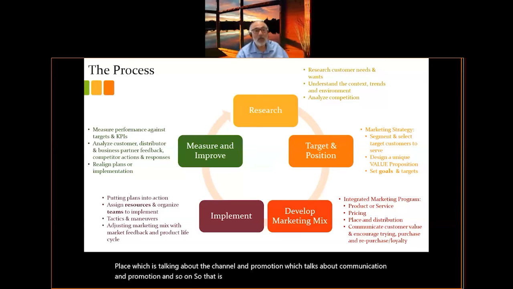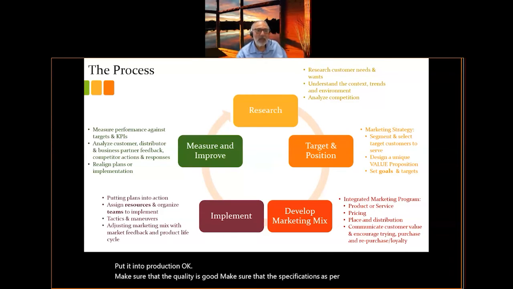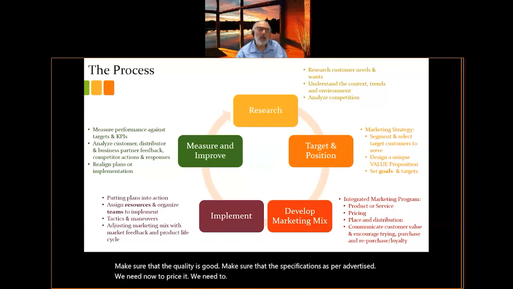So now, once we have a marketing mix developed and planned, now we need to implement. Now we need to go and manufacture that product or make that product available. Put it into production. Make sure that the quality is good. Make sure that the specifications are as advertised. We need now to price it. We need to establish pricing policies and so on.